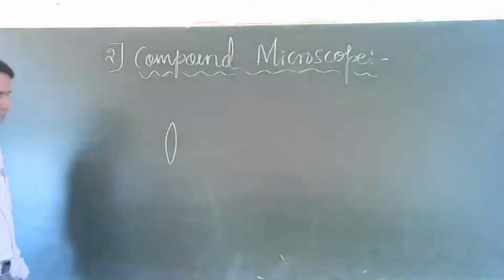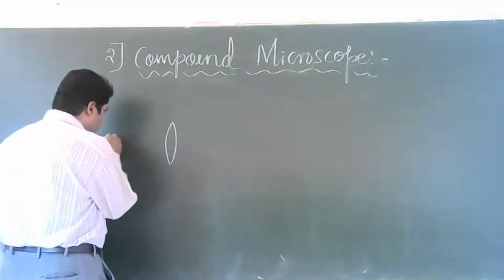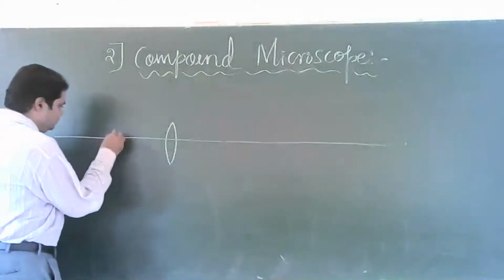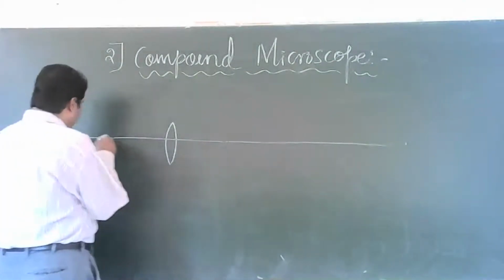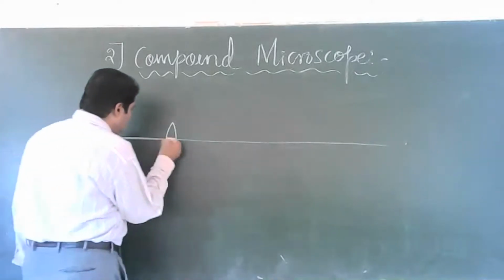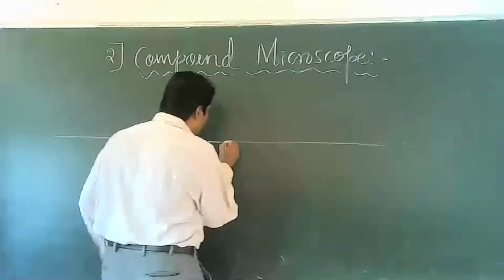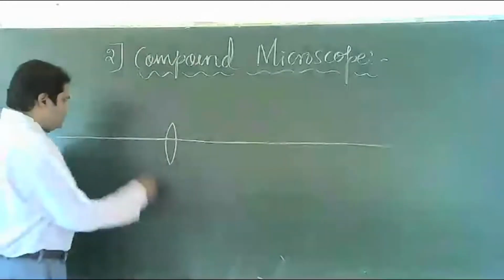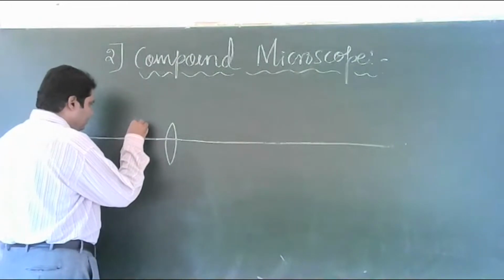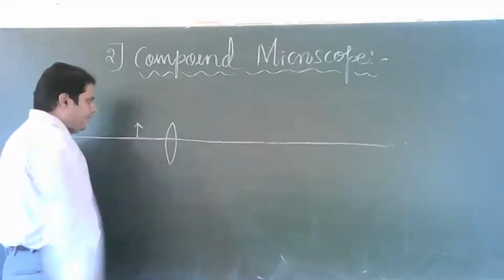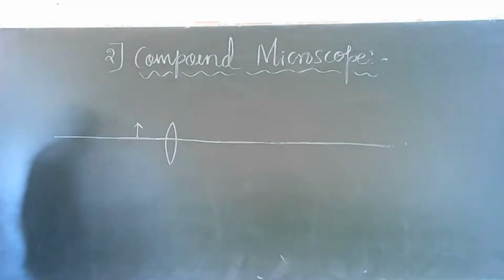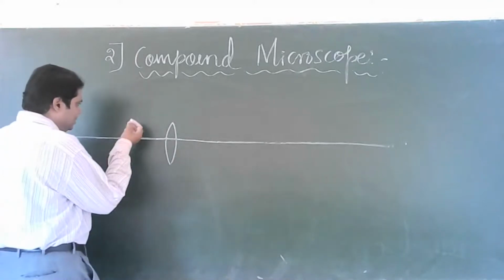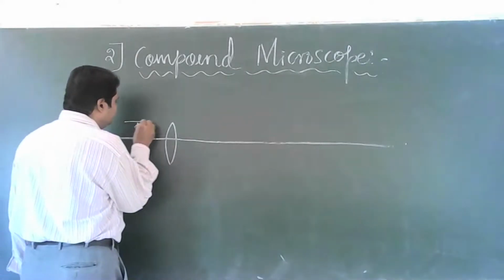Let us consider a lens and a principal axis. An object is placed in front of this first lens. Let us consider rays to construct an image.